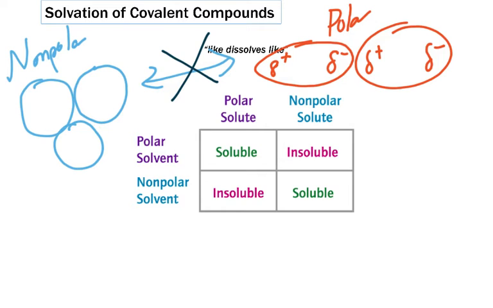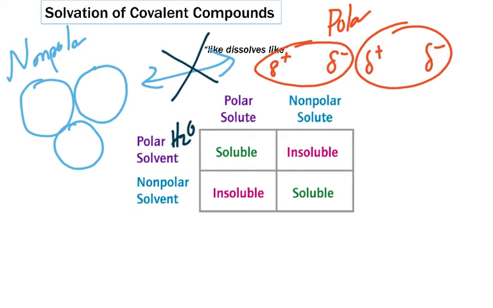Okay, and this leads to the concept of like dissolves like. A polar solvent, like water, water is very polar, can dissolve polar solutes. But a nonpolar solute, some sort of oil, like I said before, something that's nonpolar, even CO2, right, is a linear nonpolar molecule.